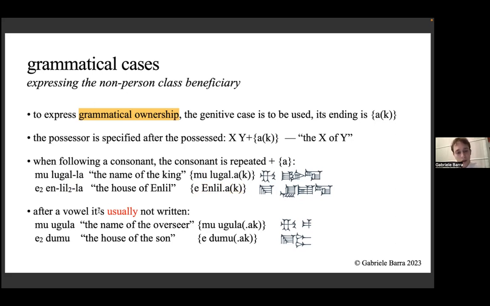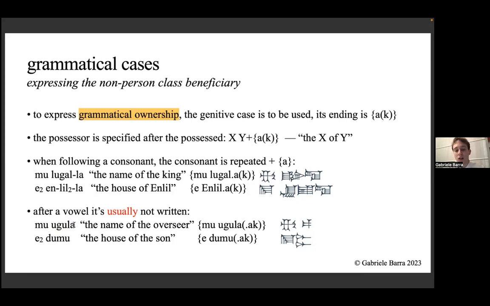Now, what happens when you do not have a consonant at the end? Usually nothing. Usually you just have the possessed and then the possessor without anything after them. So we have mu, which is again name, and ugula, which is the overseer. So again, mu ugula without anything, because it ends in a vowel, means the name of the overseer.